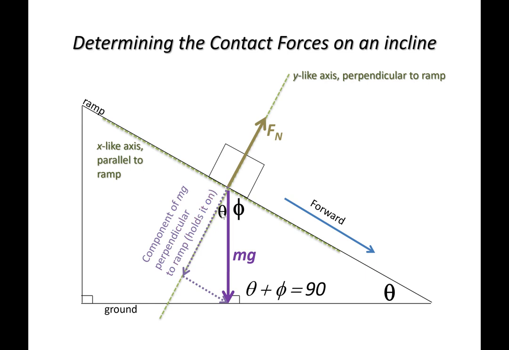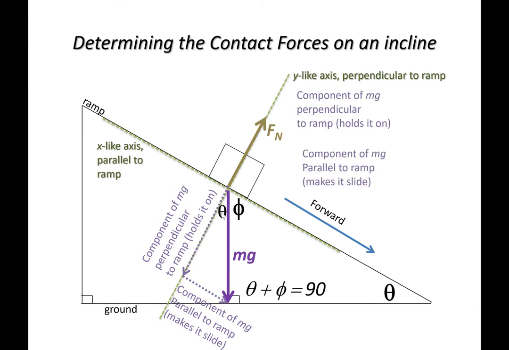Okay. The part of mg that is perpendicular to the ramp will be the part that I think of as holding it on or going into the ramp, while the component parallel to the ramp is the part that makes it slide, or, as you can see, is always going to be directed down the ramp. Okay.